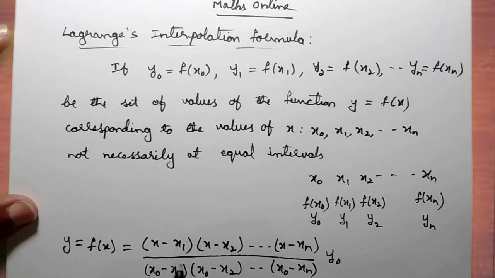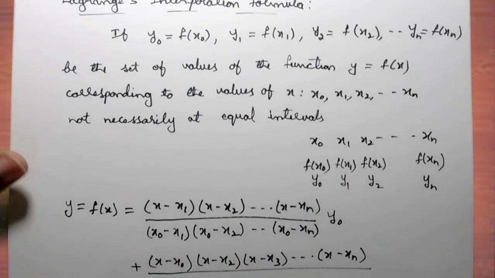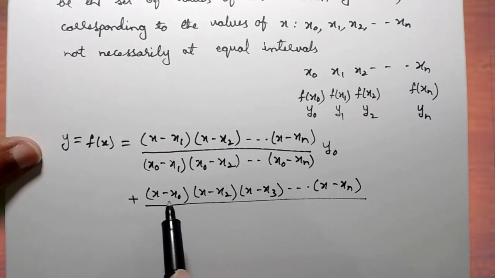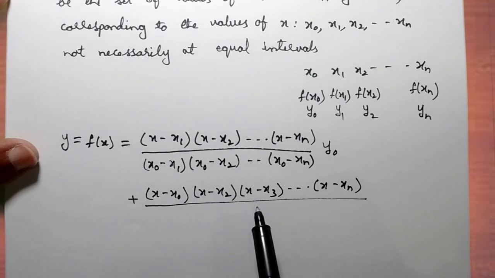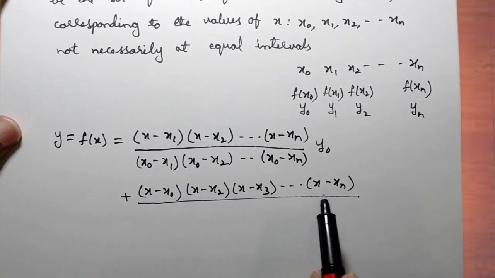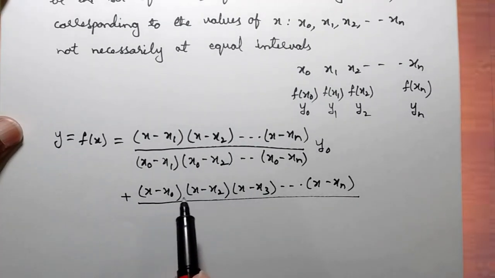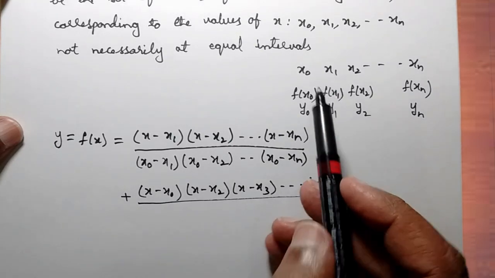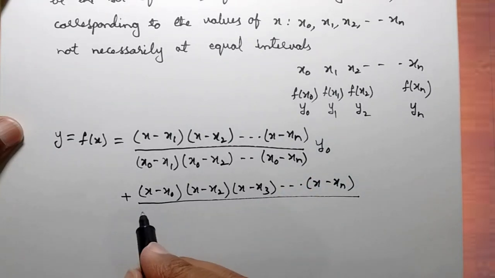Now you can see in the first term x0 was missing. Now x1 is missing. You can see x minus x0 is there, x minus x1 is not there, so x minus x2 I have written. So x1 is missing. Therefore in place of x you can write x minus x0, x minus x2, x minus x3 and so on, x minus xn. What is missing here? x1 is missing, so in place of x you can replace by x1.